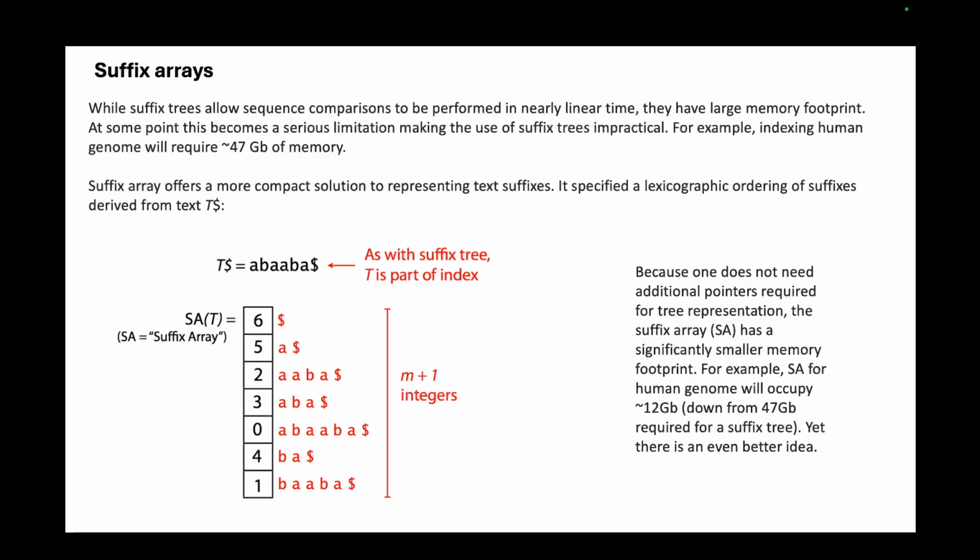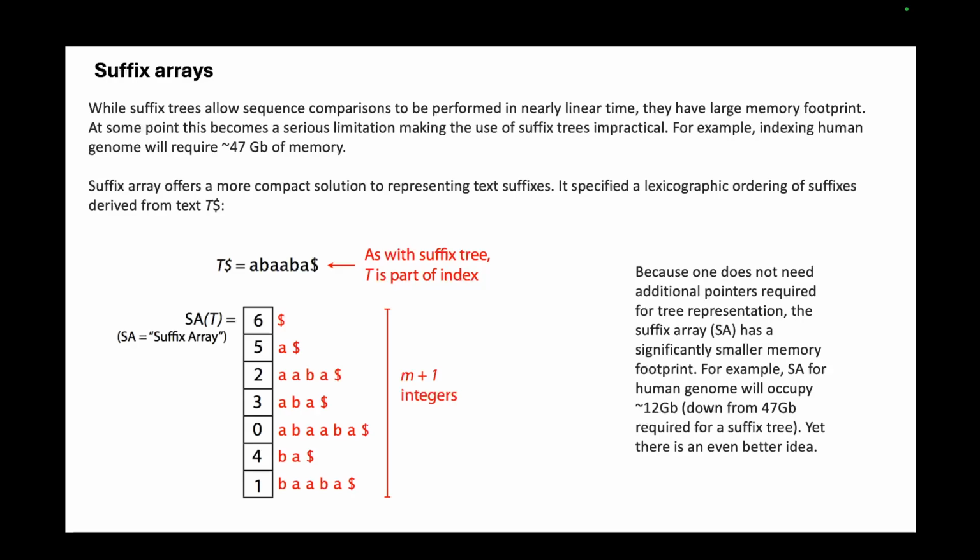Because one does not need additional pointers required for tree representation, the suffix array has a significantly smaller memory footprint. For example, a suffix array for a human genome will occupy around 12 GB, which is about one fourth of the space that a suffix tree will take to index a human genome.